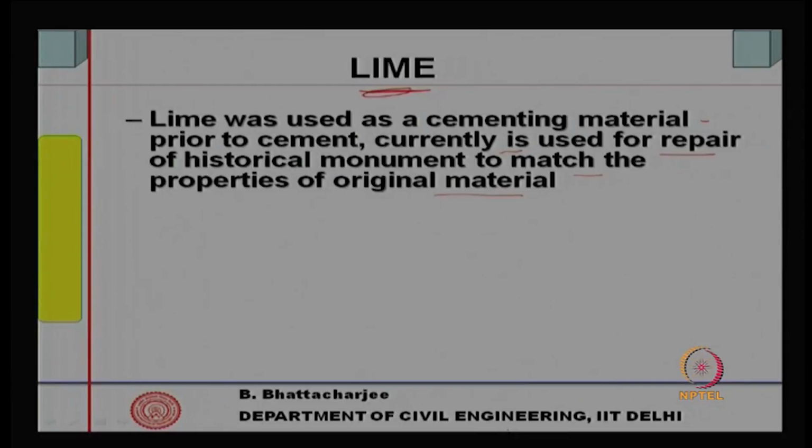So, lime has been in use as a construction material much before cement was invented. It has been used, as reported by Professor Aaron Bentur in one of his articles around 2001, something like 7,000 years back. So, this has been used for 7,000 years.